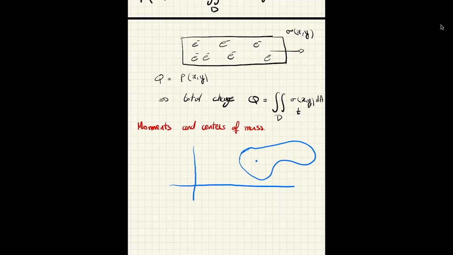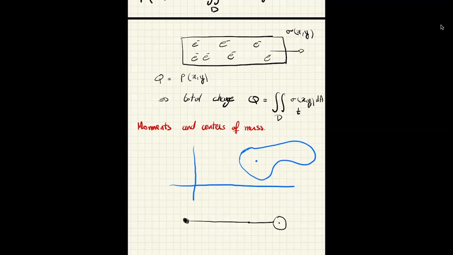But the simplest case would be if you have one ball here and a smaller ball here. That's a very simple exercise in physics: where is the point such that it can balance if you hang it on this point?